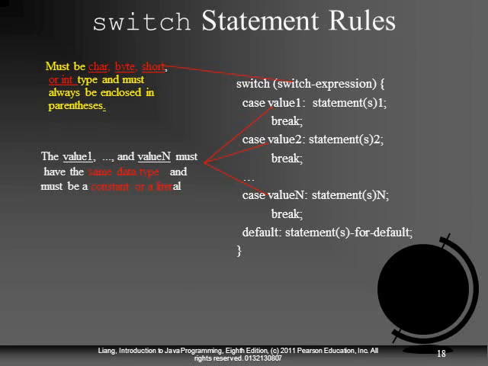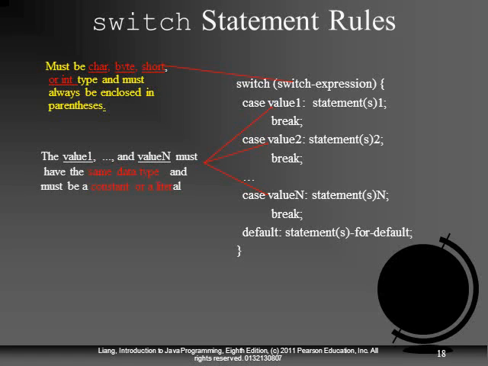And notice that the value is followed by a colon, not a semicolon. Right? Once the value is tested and it's true, then we can have a series of statements that follows the case, that what we want to do, and then that is followed by a break.